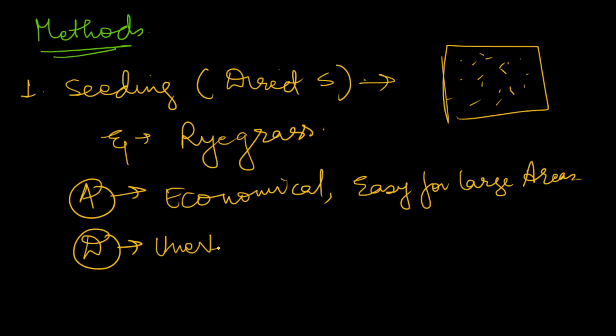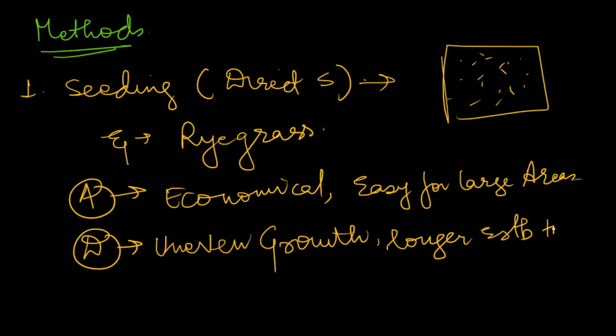Some seeds grow fast, some grow slowly. And the establishment time is longer, because every grass needs to grow to a proper height, and then they will be cut using a machine, so it takes a lot of time. So this was the first method, seeding.